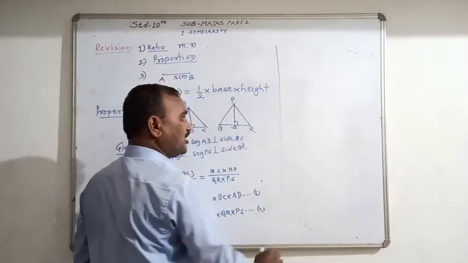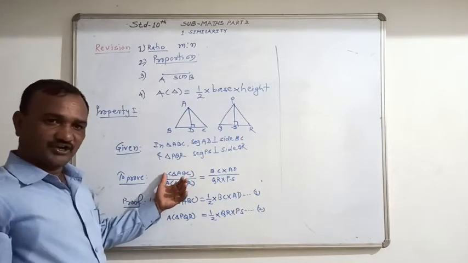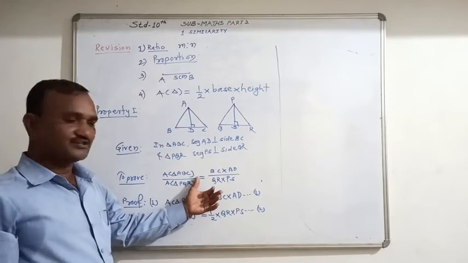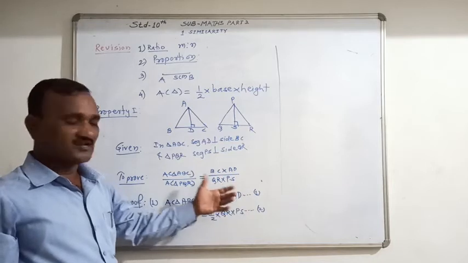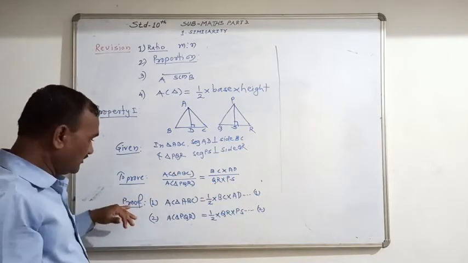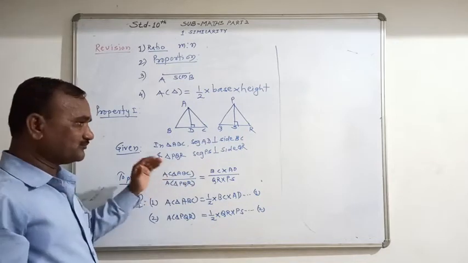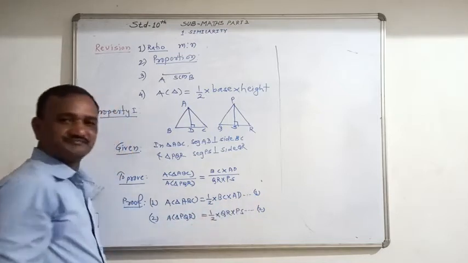Always you have to focus on the 'to prove' part. What is the 'to prove' part? Area of triangle ABC divided by area of triangle PQR is equal to BC into AD divided by QR into PS. How to get it? For that we have to look at equations number 1 and 2. The left hand side of the 'to prove' part we get by dividing equation 1 by equation 2.